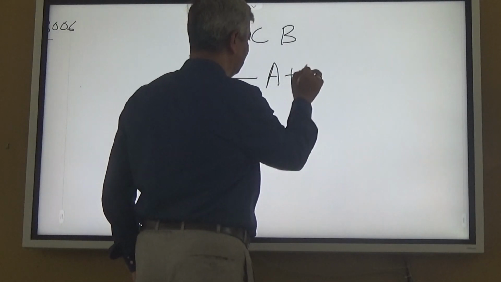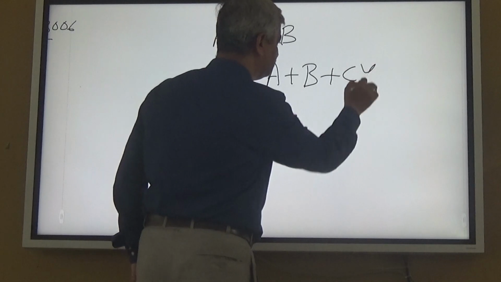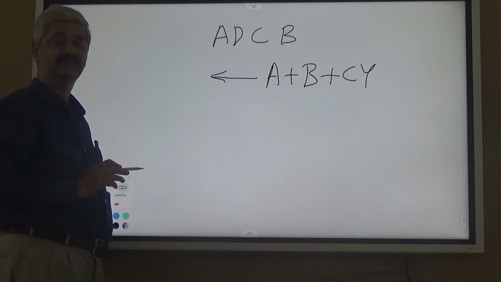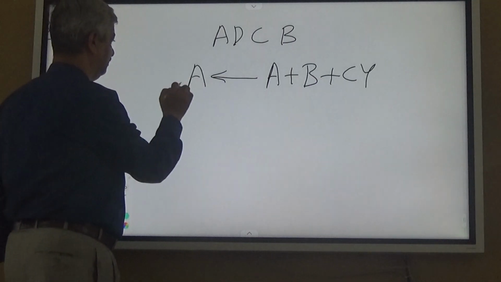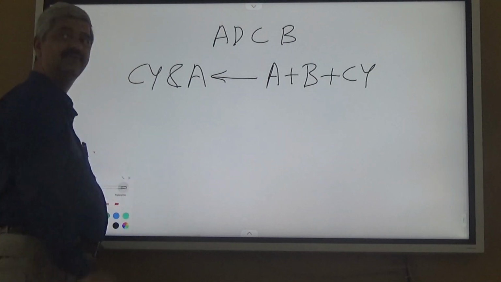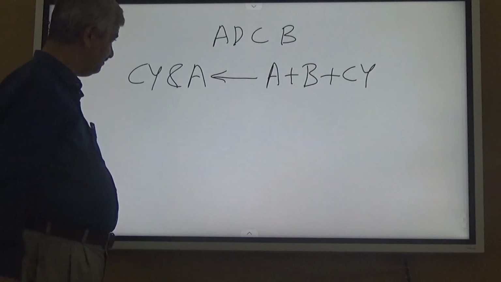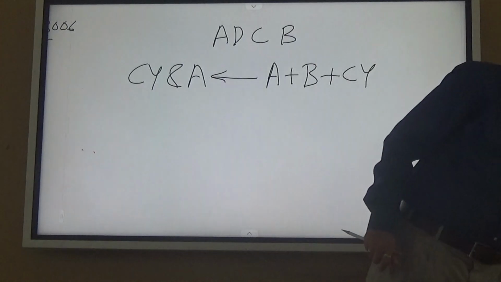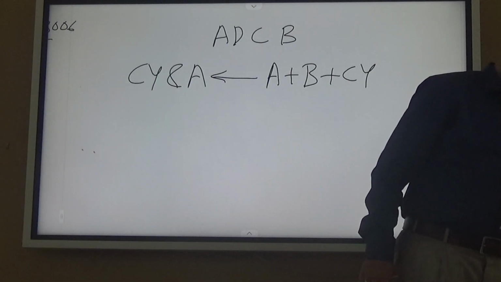A plus B plus CY, and where is the result stored? Is it correct or will some problem come?